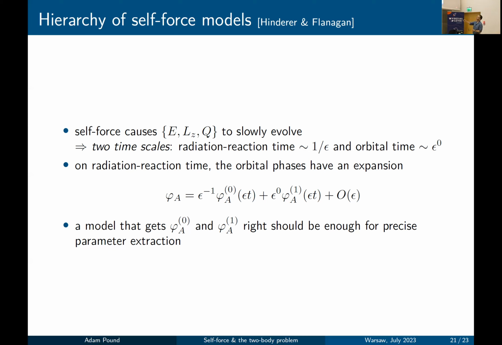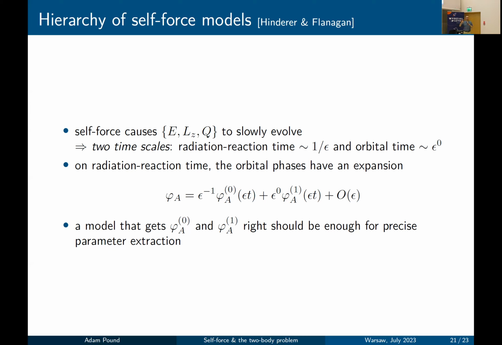Now here we start with a singular power of epsilon, starting at order 1 over epsilon. That's because we're waiting a long time that's of order 1 over epsilon. So the number of cycles, or the amount of phase you've accumulated, is roughly order 1 over epsilon, because things are changing roughly linearly in time. Then you have corrections to that, which come at epsilon to the 0, and higher order corrections at epsilon to the 1, etc.